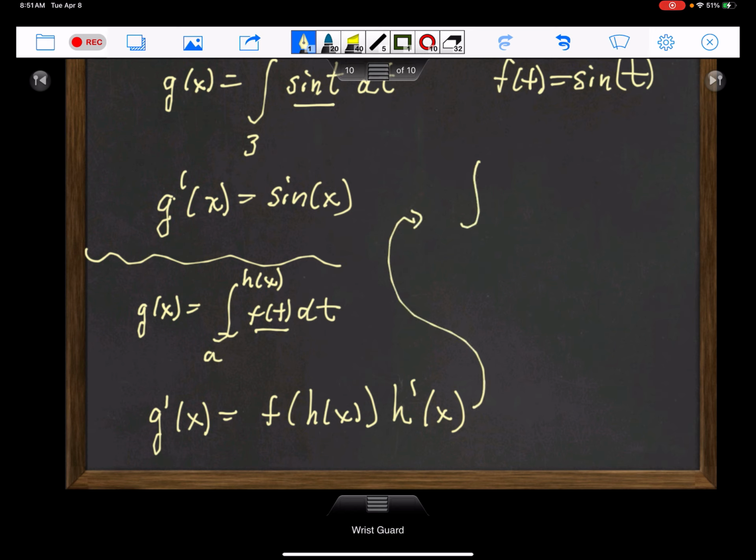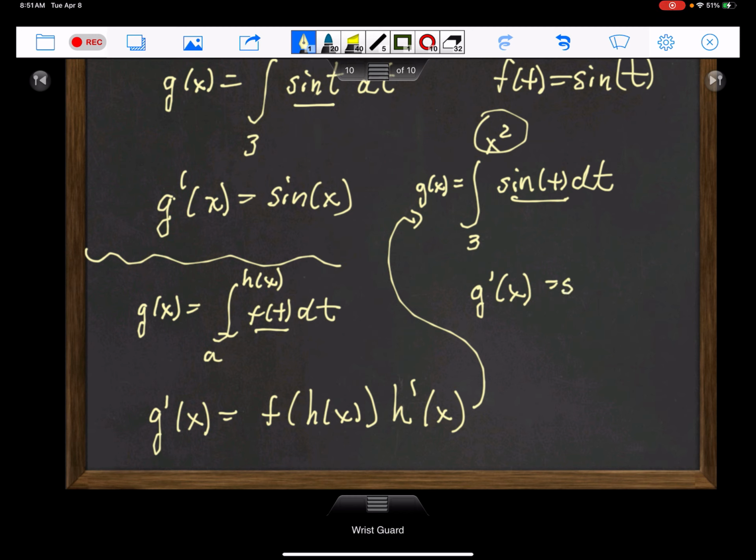If I had g of x is equal to 3 up to, we'll say, x squared of sine of t dt, then g prime of x is going to be this function evaluated here, so sine of x squared times the derivative of that x squared. And that is FTC Part 1.